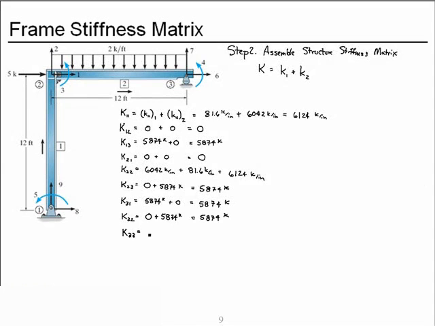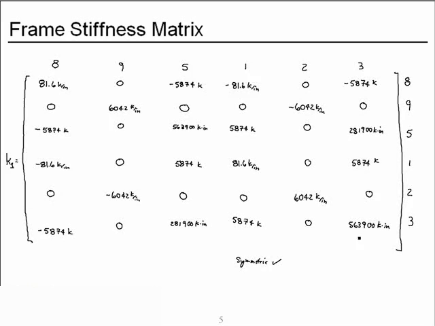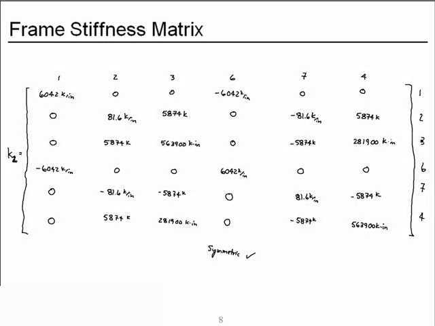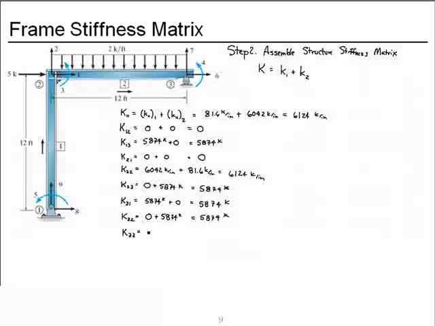And then K33. From member 1, we have this quantity, and from member 2, we have this.